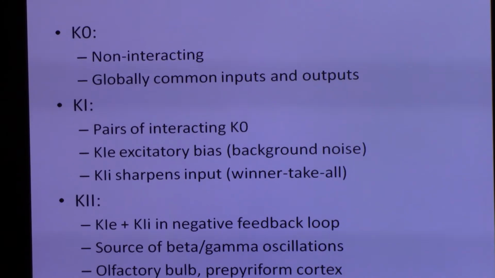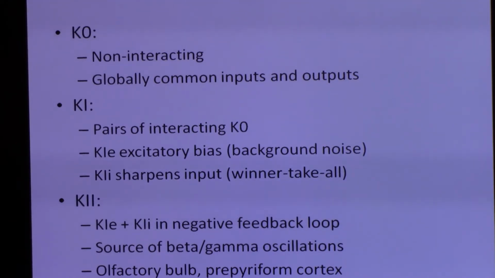So for instance, a relay system in the thalamus that's just carrying activity from the retina to the primary visual cortex could be modeled as a K0 set, I believe. They're not interacting, meaning they're not stimulating each other. And so that's globally common inputs and outputs. They're all getting the same inputs and they're all sending their output to the same place. That can be modeled as a K0 set.